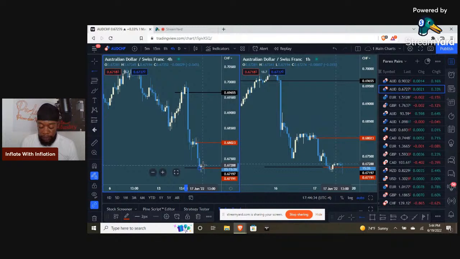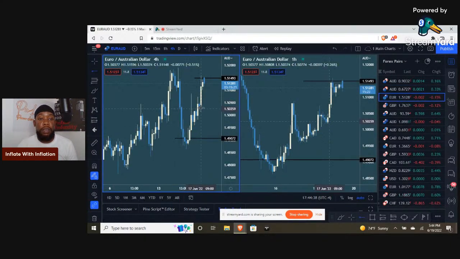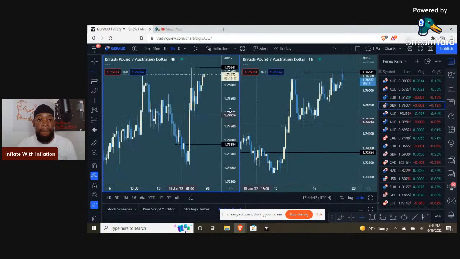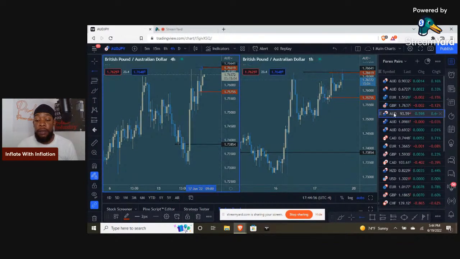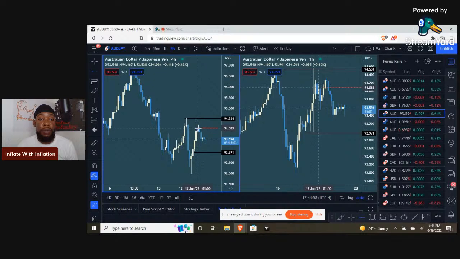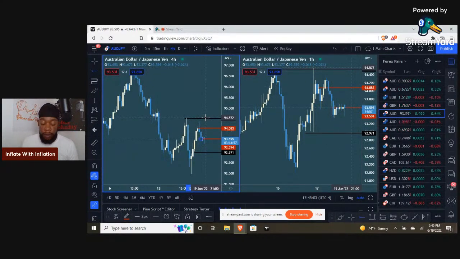So Aussie selling, Swiss francs buying. Euros buying, Aussie selling. Pound is buying, Aussie selling. Aussie selling, yen is buying.